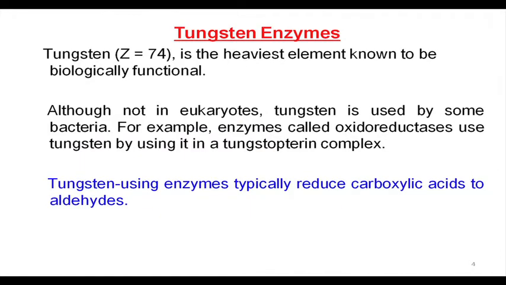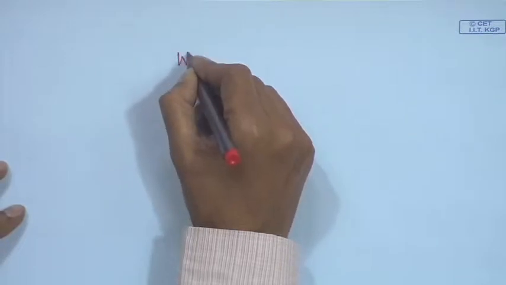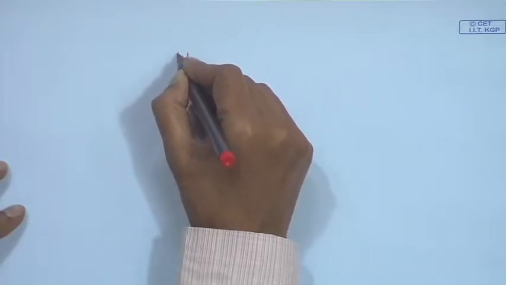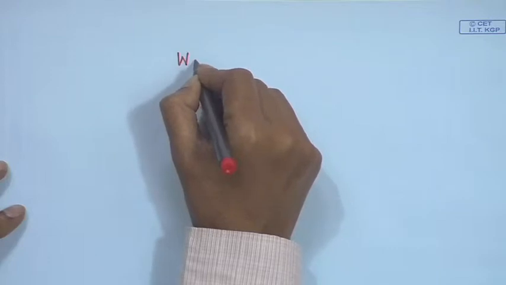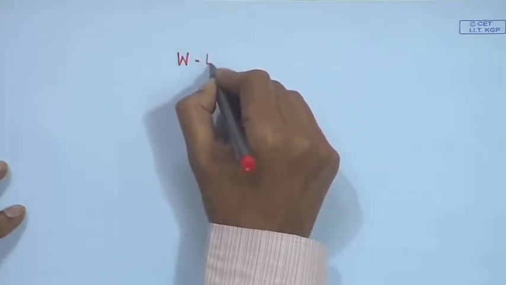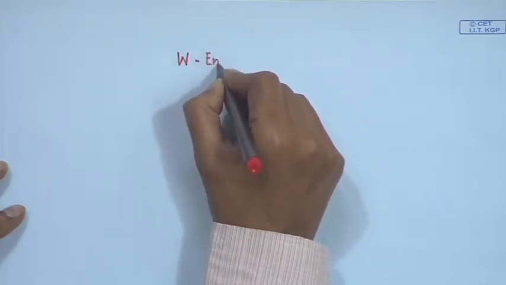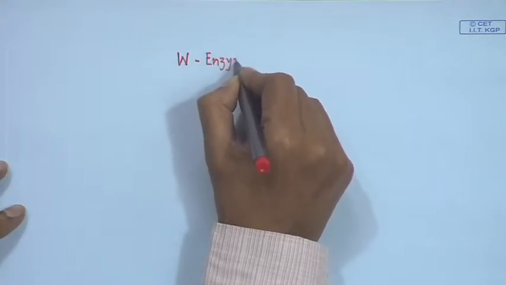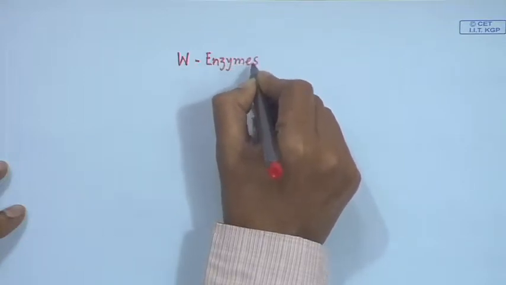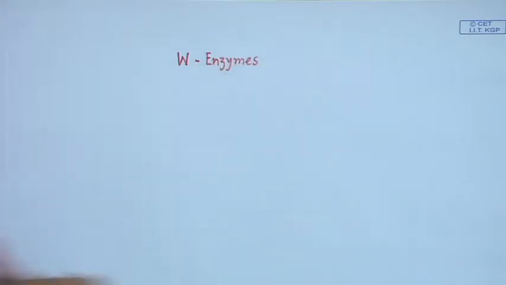So, now with all this information, the spectroscopic data for the molybdenum, we can go for the corresponding change in the metal center from molybdenum to tungsten. So, these tungsten enzymes can be very nicely compared.